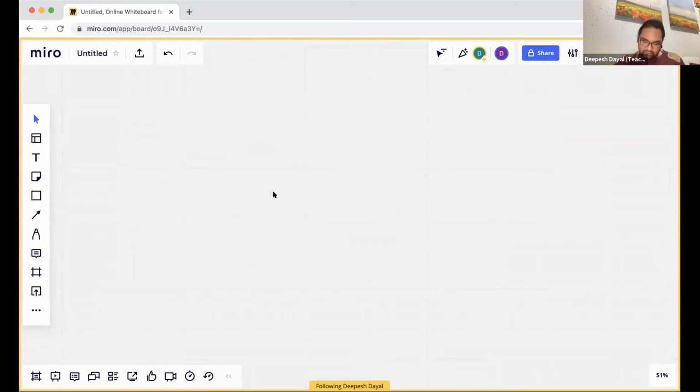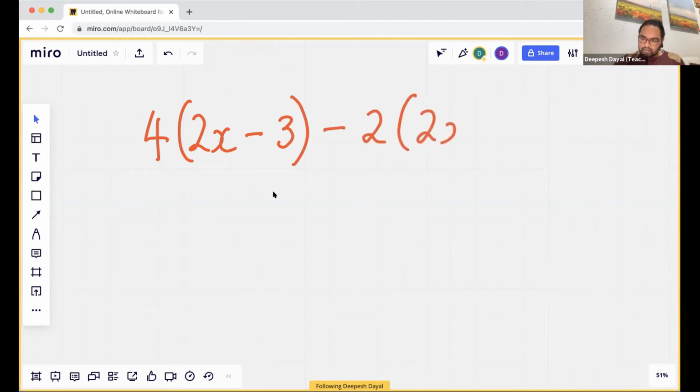So I'm going to look at this one. The minus in between, what color should I use? Maybe let's use the orange. So we've got here 4, 2x minus 3, minus 2x.